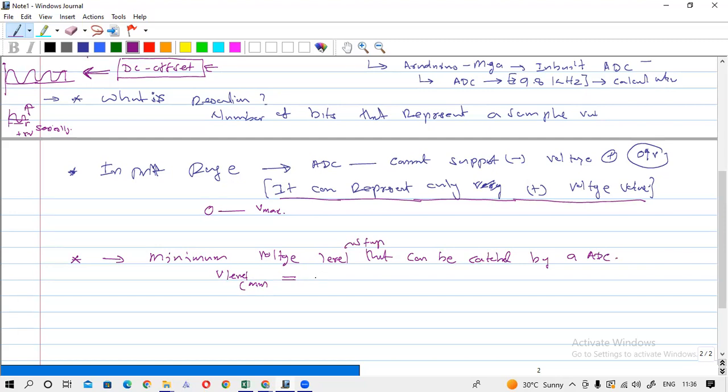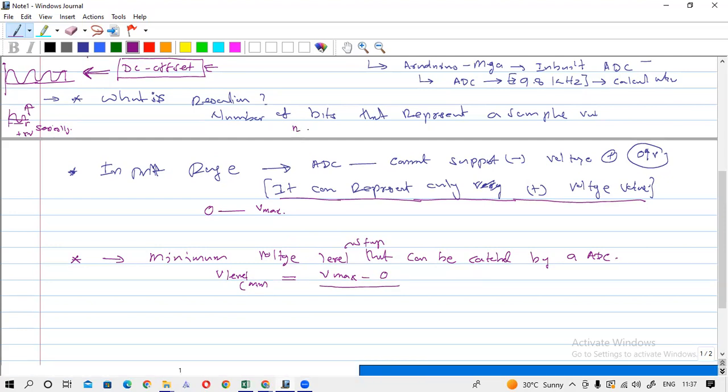If you have the range V max to some V min value, most probably 0, it is divided by the resolution, the number of bits that the sample can represent. Let's say that there are n bits.